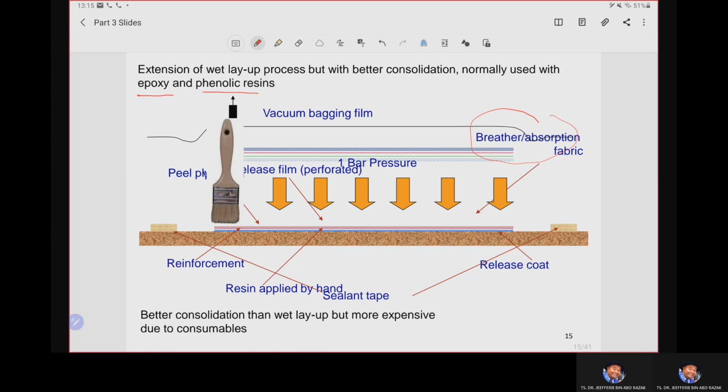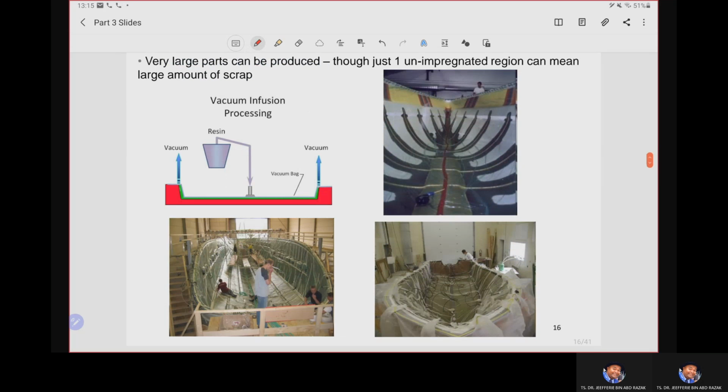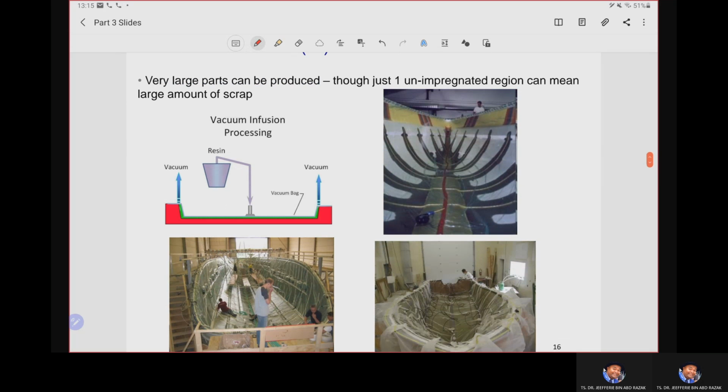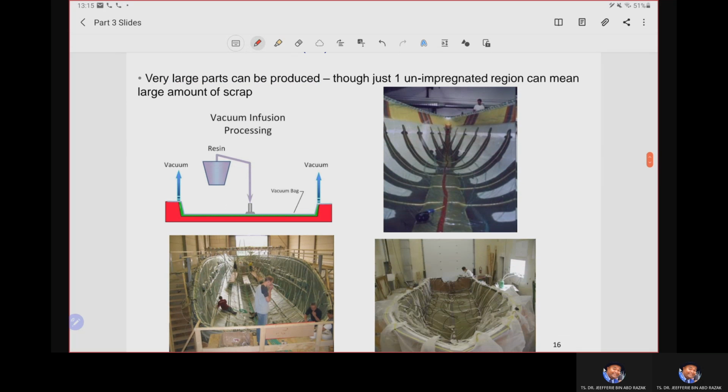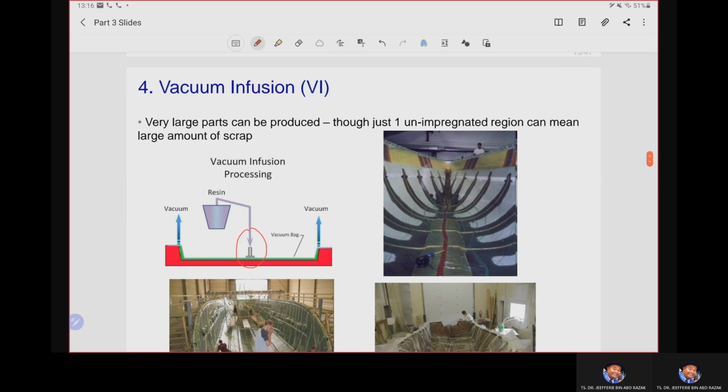Next, this is the other extension of the vacuum bagging process, whereby in this method we supply the resin to the vacuum bag system through the infusion channel. This is our infusion channel. This is the vacuum infusion process.